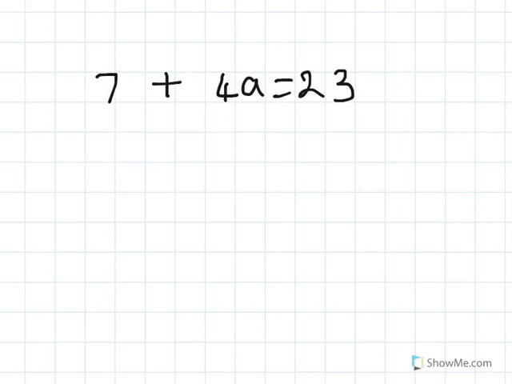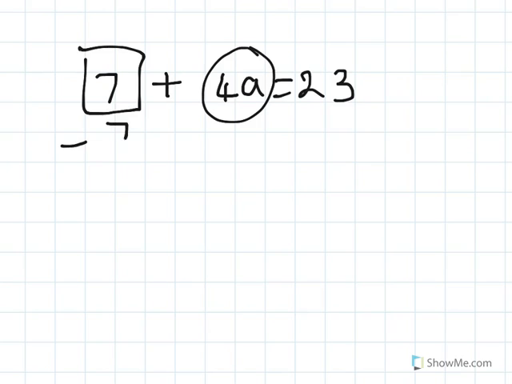Now we need to get the 4a all by itself, because we want to isolate the variable. First, we need to work out what to do with the 7. To remove the 7, we need to subtract 7 to bring it down to 0.